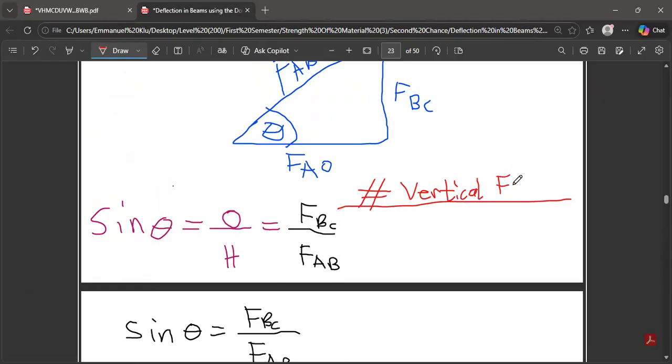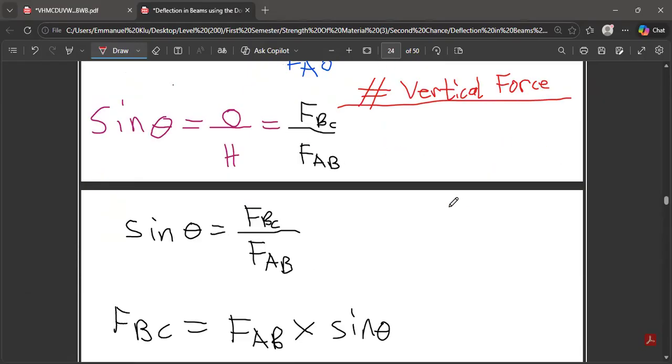So this is the vertical force. So let's also go and do the horizontal force.